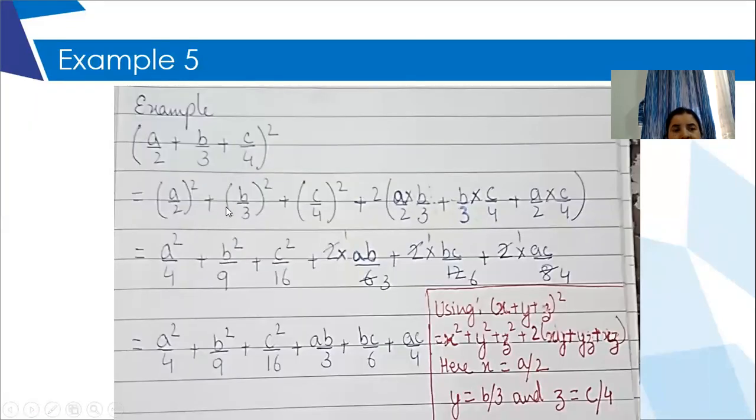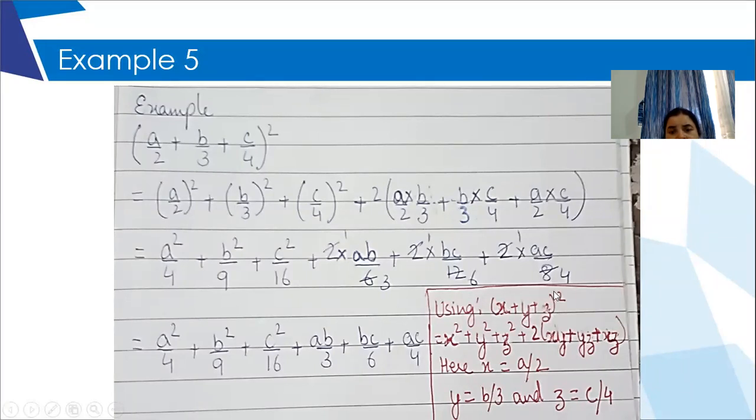Okay, this is the next example. (a by 2 plus b by 3 plus c by 4) whole thing inside a bracket, and outside there is a square. Now, if you see, this will only fit into this identity. With my red pen, I have written this: (x plus y plus z) whole square. a by 2 will go and sit on x, b by 3 will go and sit on y, and c by 4 will come and sit on z.